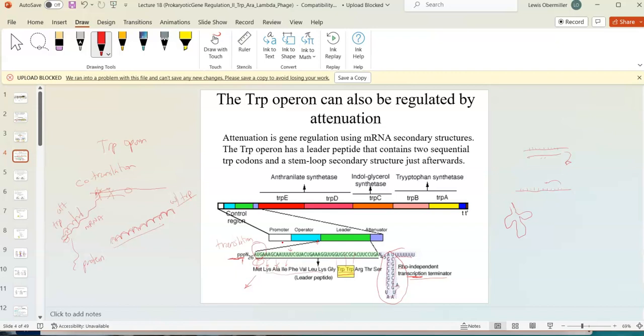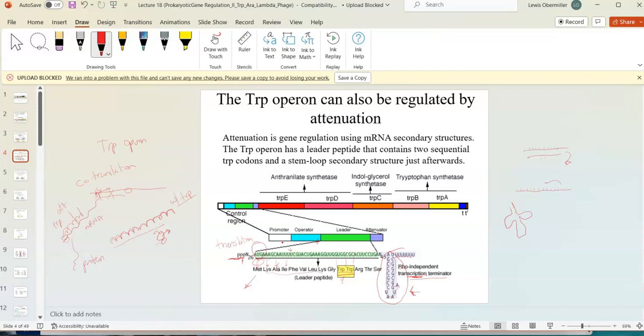Now, if there's no tryptophan, the ribosome is going to pause. When it gets to tryptophan, there's no tryptophan. It can't continue. So the ribosome stops. And that stoppage changes the shape, and that causes transcription to terminate. So this is just a double check. Now think about it.